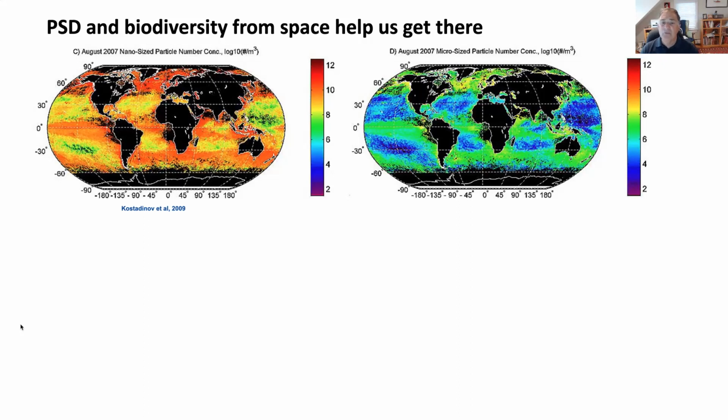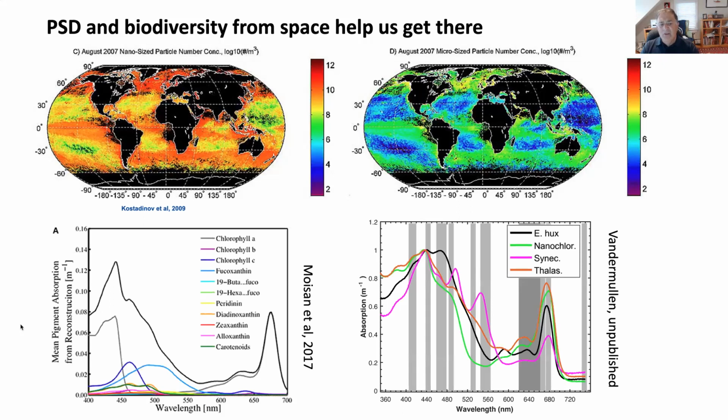And so presumably, these different communities would have different productivity rates. And so you get much closer to understanding these rates that we want to know. Another way to do this is to take advantage of the pigment properties. And so pigments absorb differently at different wavelengths, and different species have different ratios of different pigments.